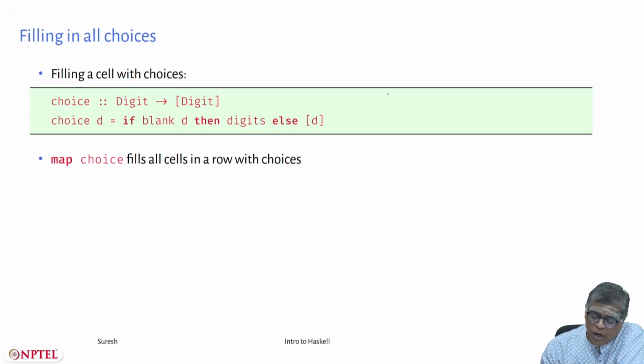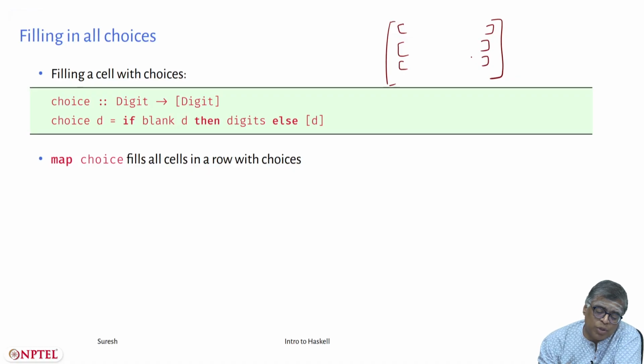Map choice will fill all. If I go to each row and say map choice, it will fill each cell with choices, but I have lots of rows in my grid.